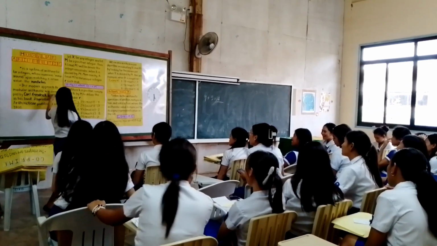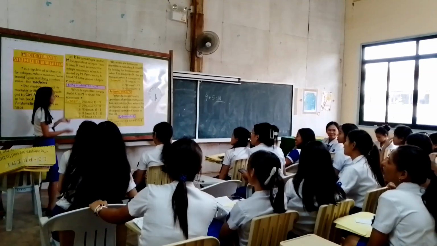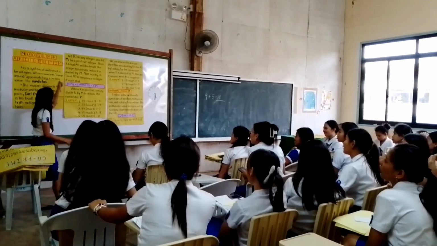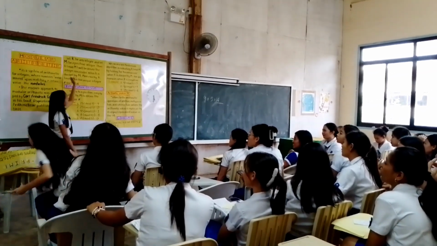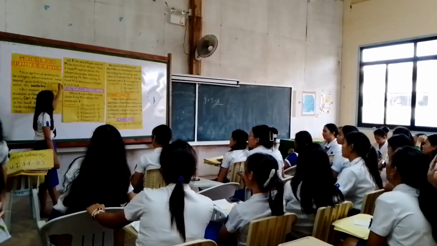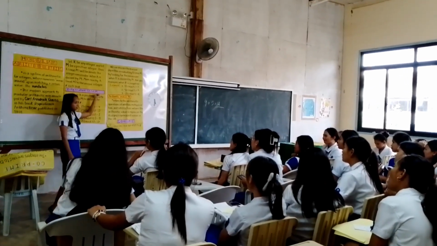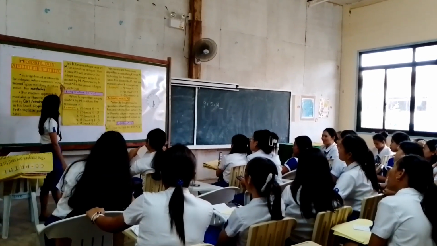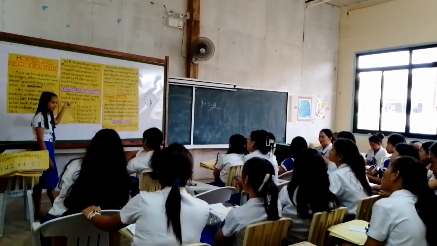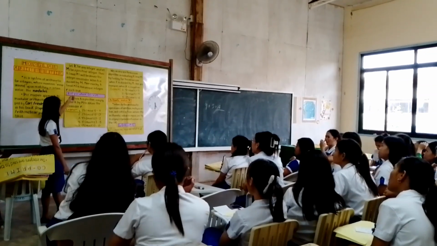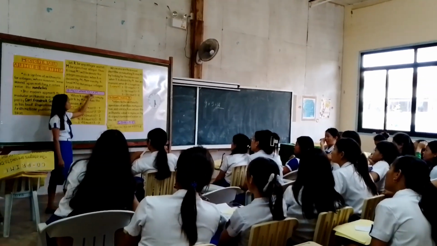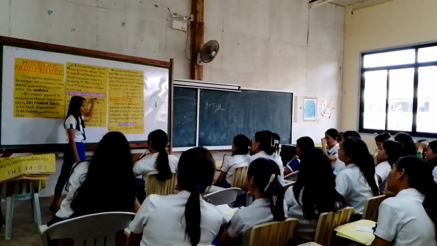So, let's go to the topic. Let K be any integer and let M be a positive integer. So, M needs to be a positive integer, while K can be any integer, positive or negative.